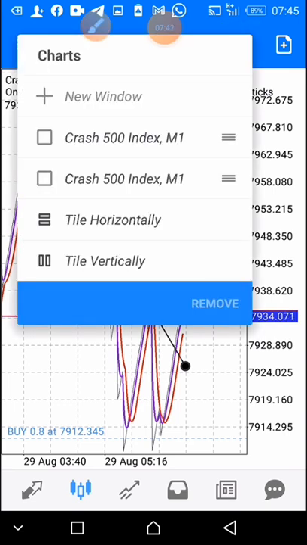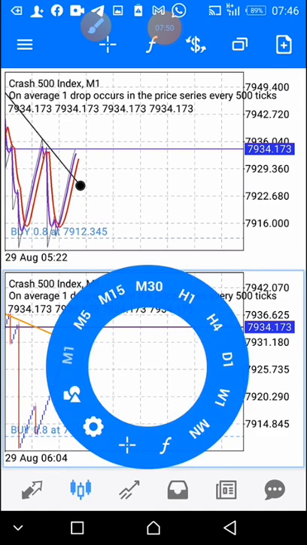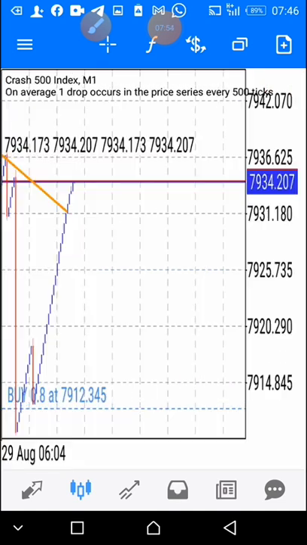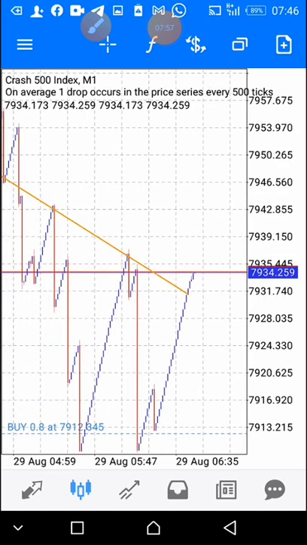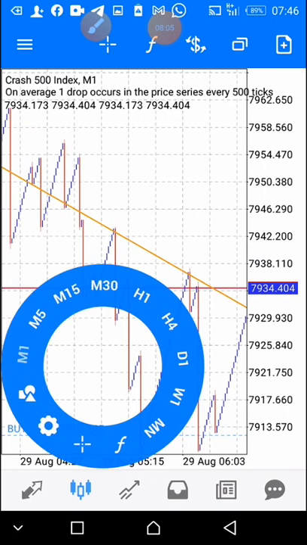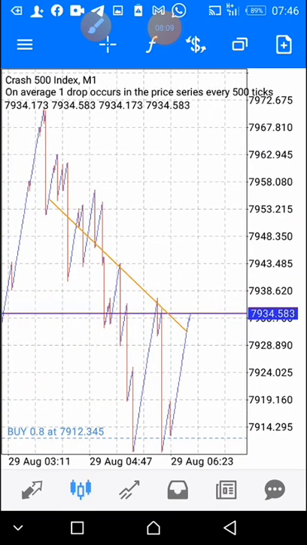Let me take out these things. Okay. Let me even go to the second window so that you see this properly. I don't want this indicator to be confusing us. In this window, I don't have any indicator. I use this window for my chart analysis before going to the other window where my indicator is.